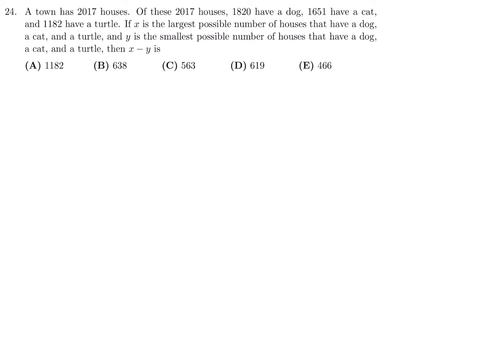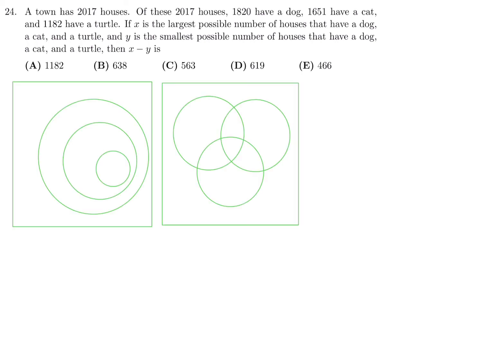Well, we have basically to look at extreme case scenarios. And these two Venn diagrams represent those extreme case scenarios. So I'll first start with this one right here and explain what's happening. This is basically a scenario where everybody that has a turtle, which is 1182, also has a cat and a dog.